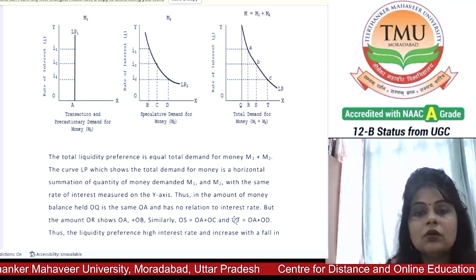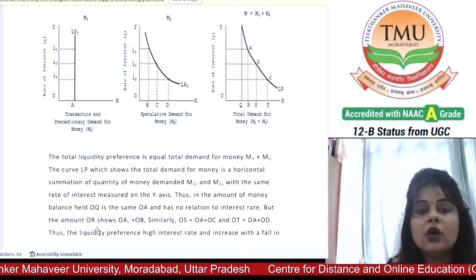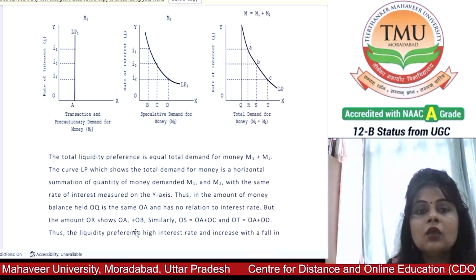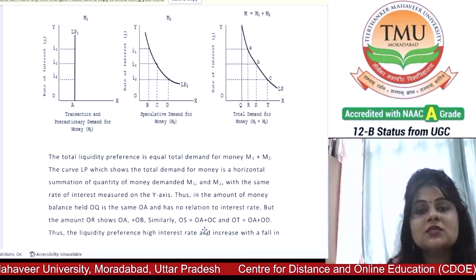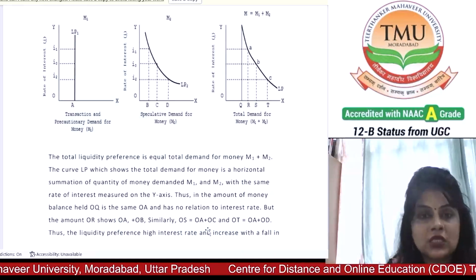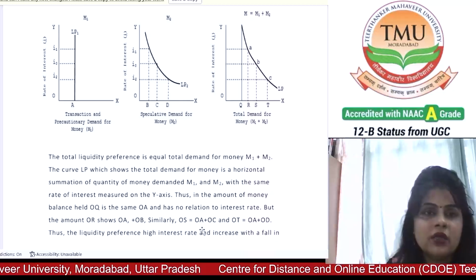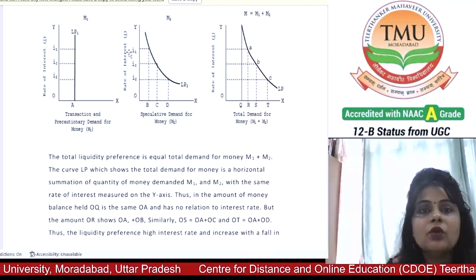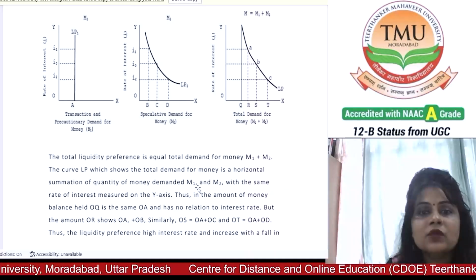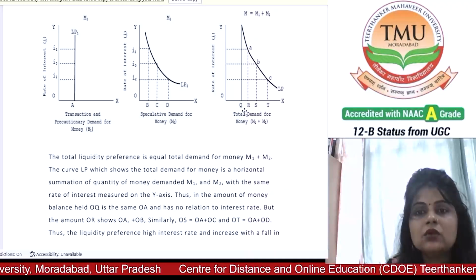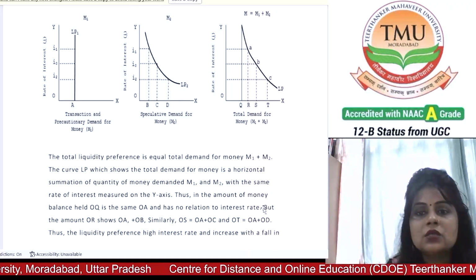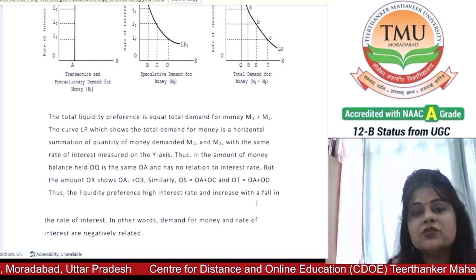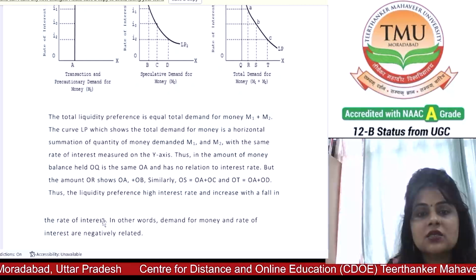The amount OR shows OA plus OB, and similarly OS is equal to OA plus OC. Thus, liquidity preference increases with a fall in the rate of interest.